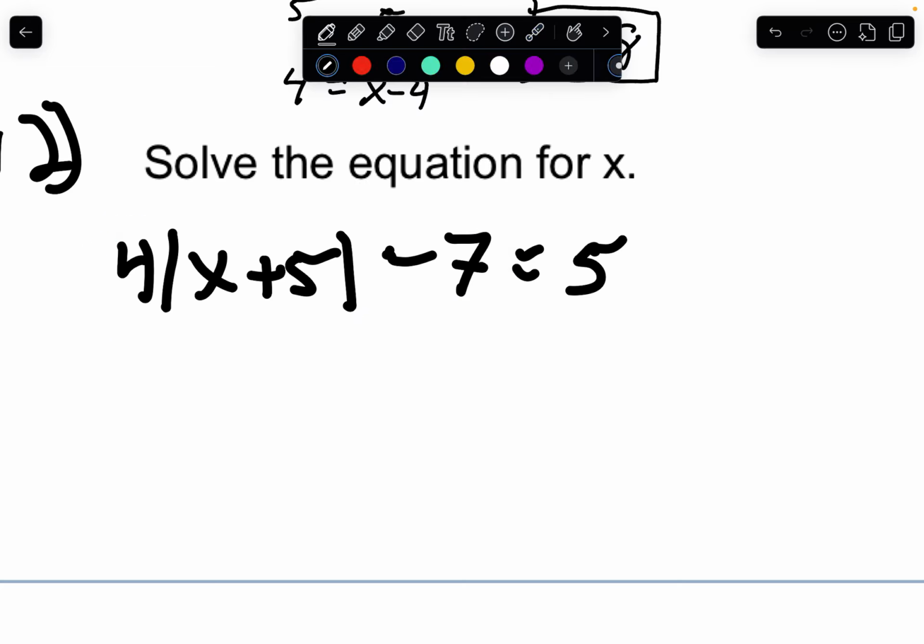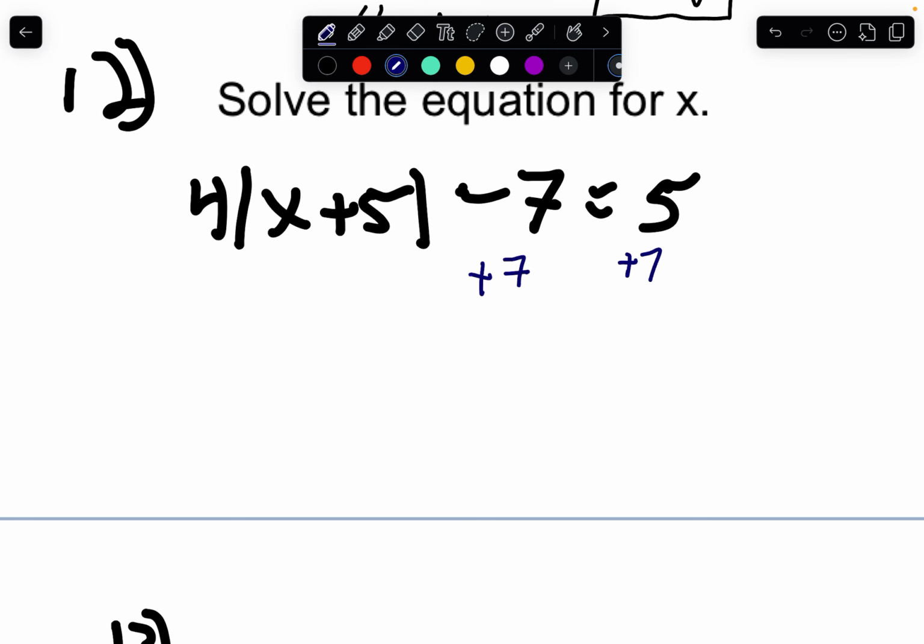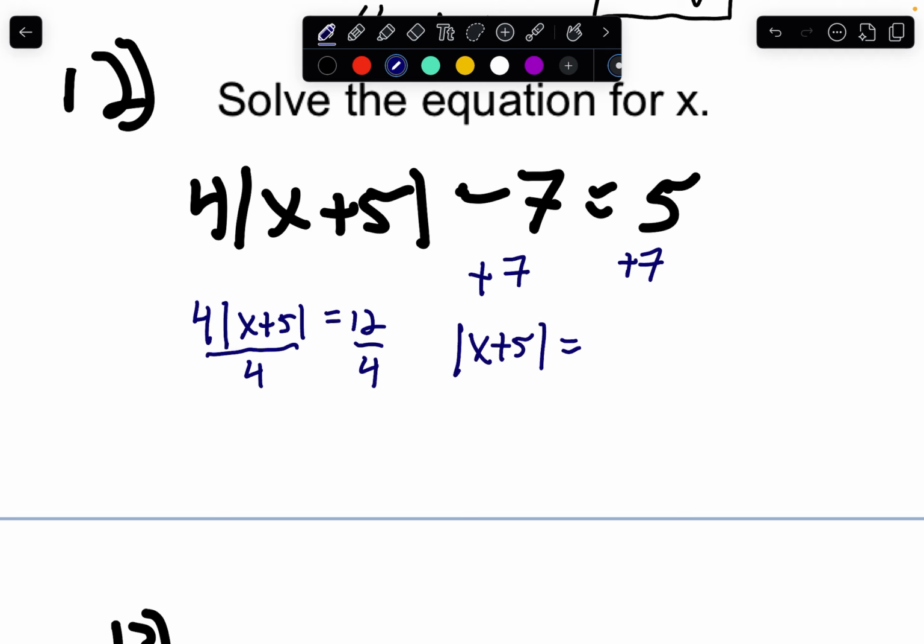I am going to begin by adding 7 to both sides of the equation, and we have 4 absolute value of x plus 5 equals 12. I am now going to divide by 4 because I want to get the absolute value by itself. So now I have the absolute value of x plus 5 equal to 3.